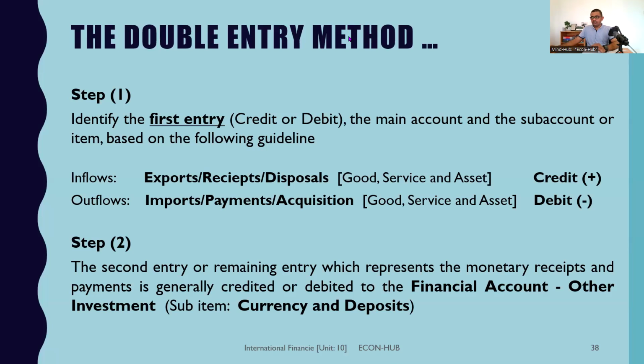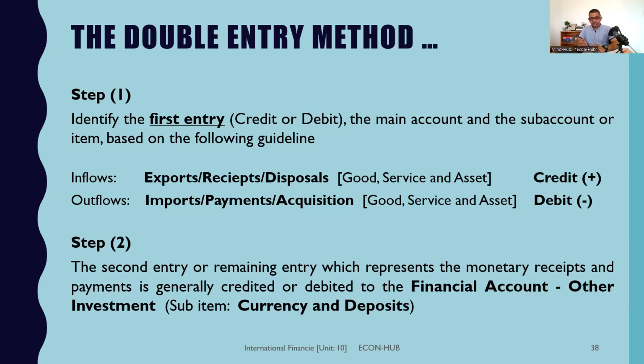But we try to keep it very simple and basic here. We don't need all the rules and regulations that you apply in accounting, which is important, but here not so. We need to make sure we are able to figure out what is the credit entry and what is the debit entry. So 2 steps.